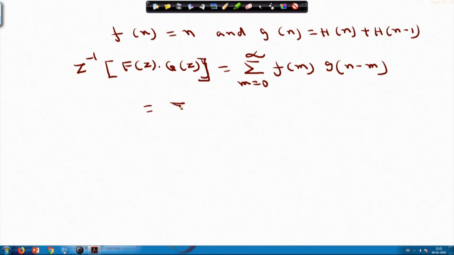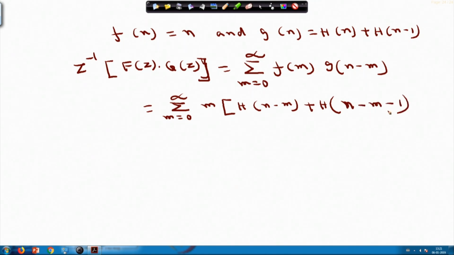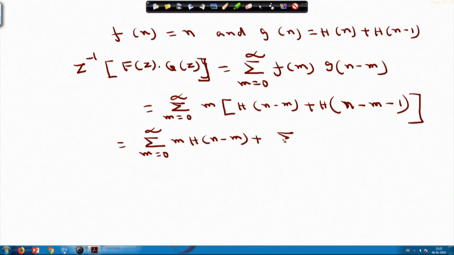This equals summation m equals 0 to infinity m, f m is m, and g of n minus m will be h of n minus m plus h of n minus m minus 1 from here. So, I obtain this. So, if I break it, I will obtain two series. One is summation m equals 0 to infinity m into h of n minus m. The other one will be summation m equals 0 to infinity m into h of n minus m minus 1.